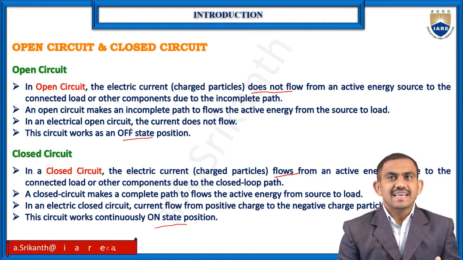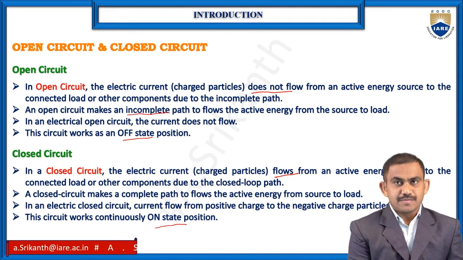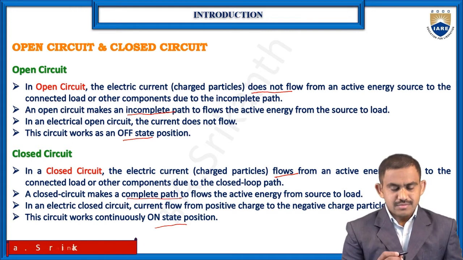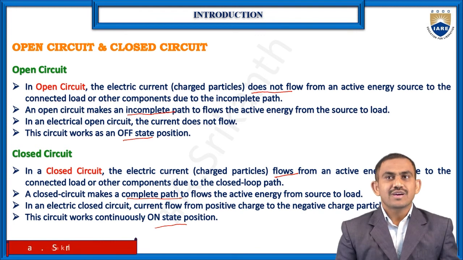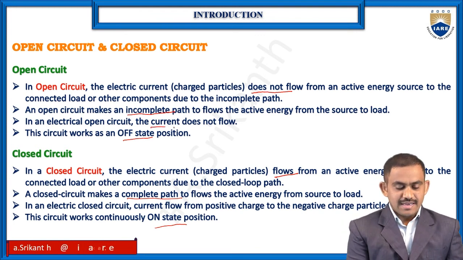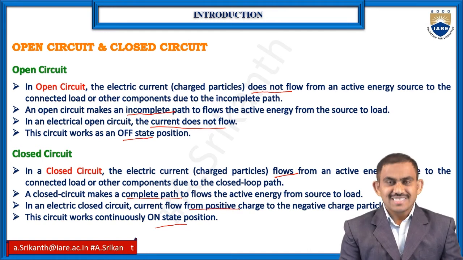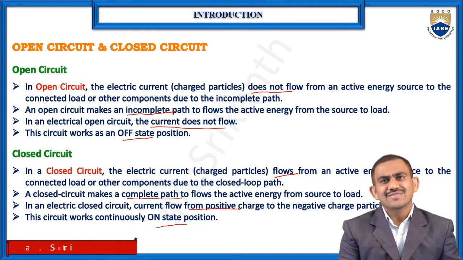Open circuit means it's an incomplete path, and closed circuit means it's a complete path. So in an open circuit current does not flow, and in a closed circuit current will flow. This is the main difference between open circuit as well as closed circuit.